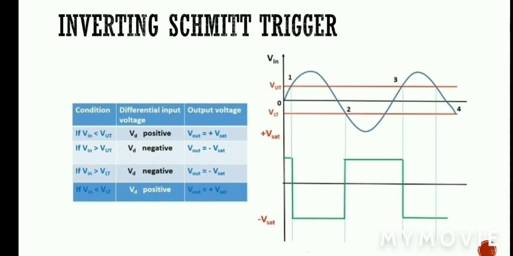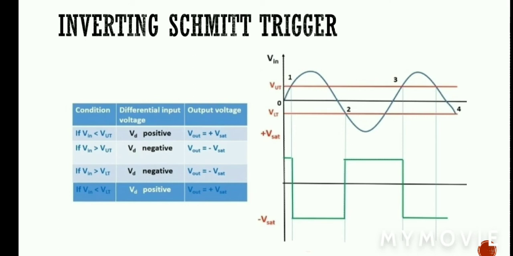But here we see that after this peak point, Vin is decreasing. So our reference voltage will be VLT. So from peak point 1 to point 2, Vin is greater than VLT. So for Vin greater than VLT, the output voltage is minus V saturation. So our output remains as minus V saturation.